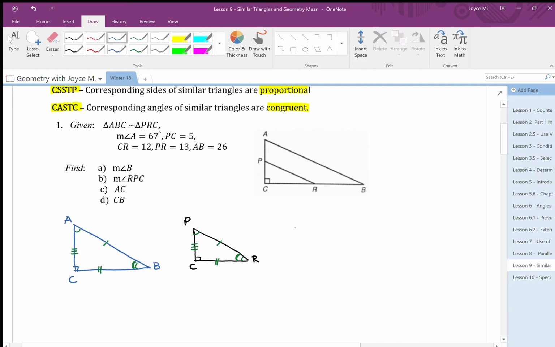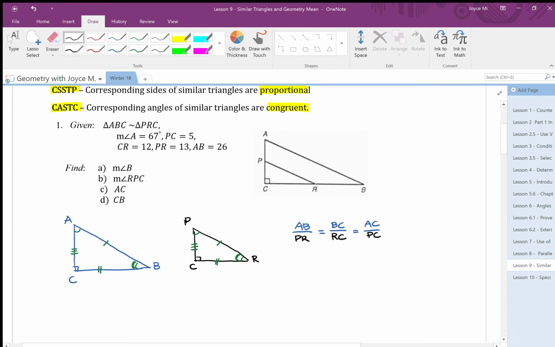We said that AB corresponds to PR, BC corresponds to RC, and the third side, AC, corresponds to PC.